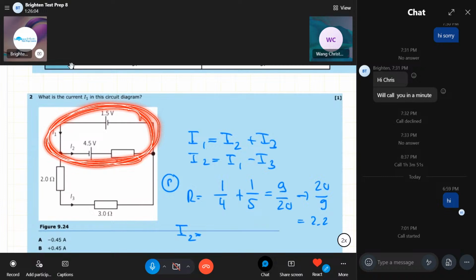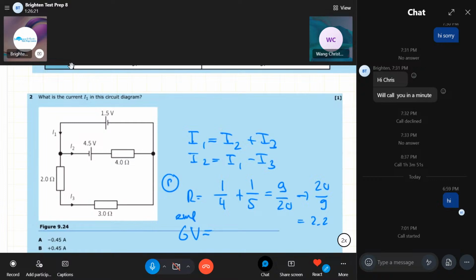6. 6, right? So if you now go with Kirchhoff and say, okay, I have 6 volts, what must be there for the PD over the resistor? 6. So you have an EMF of 6, so you must have a PD of 6, right?